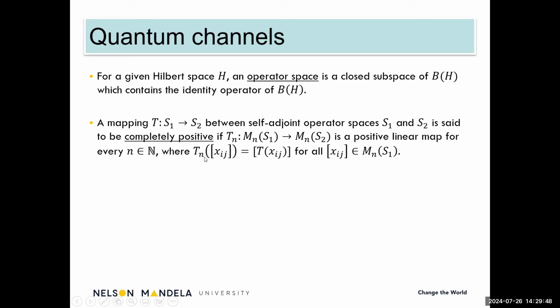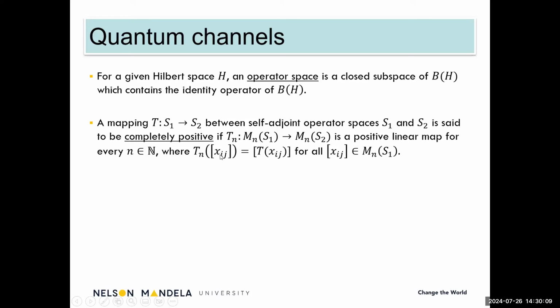You take what Tn does to this matrix Xij, the entry in the ith row, the jth column. It just says, okay, now replace the entry in row i and column j with T applied to Xij.